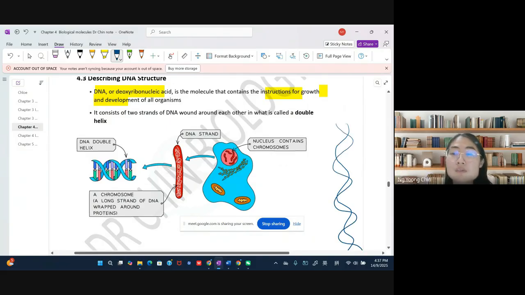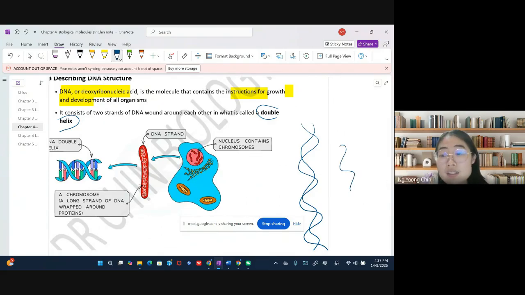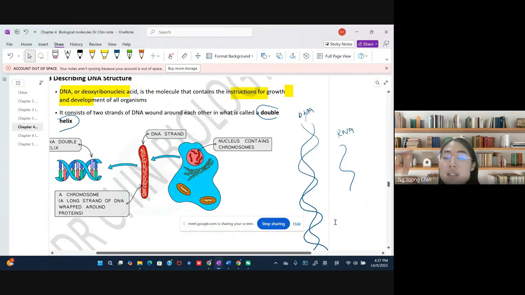Okay, so this is called double helix DNA. Another one we call is what? RNA. Just like this. This is the RNA, okay? This is the DNA. DNA is double helix. RNA is single strand. It is just composed of this single strand polynucleotide.